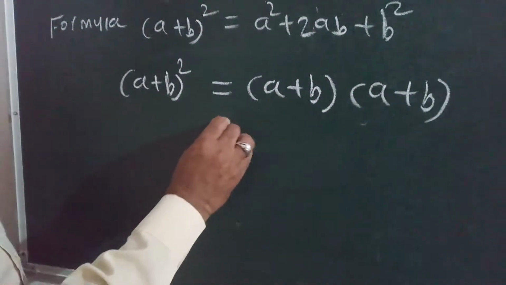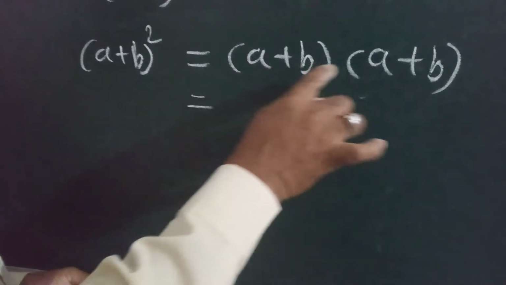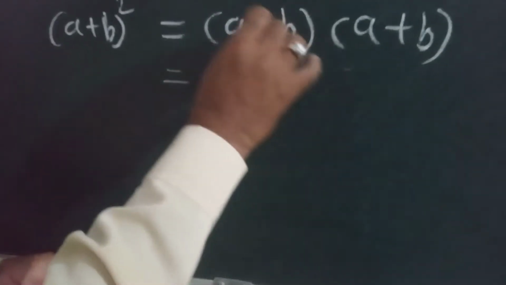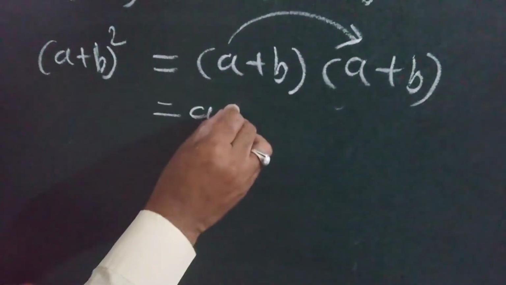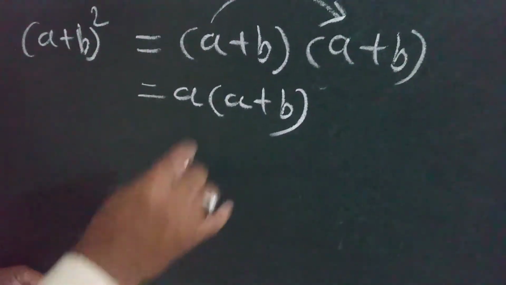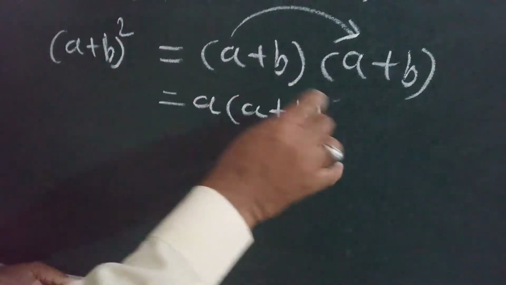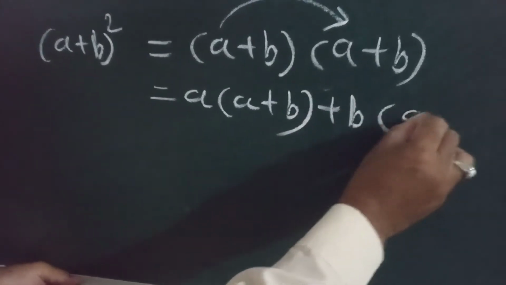So we multiply the first term of this bracket by the second bracket like this: a into (a plus b), and the second term, plus b, multiplied by (a plus b).